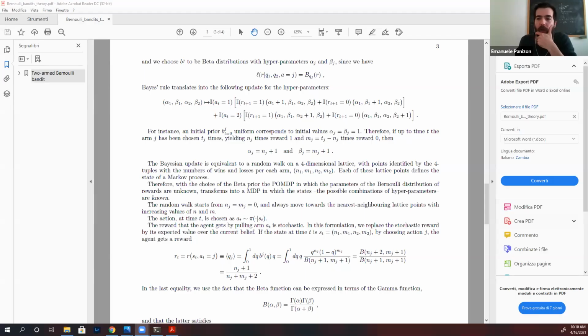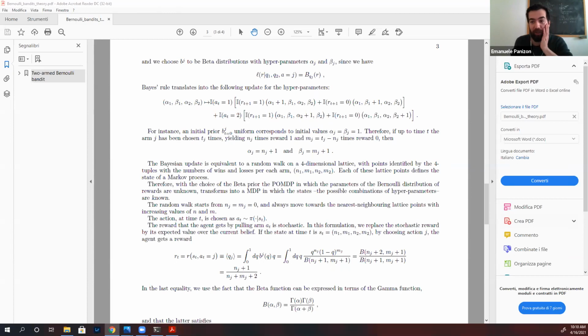Okay, so we have arrived at a compact description of a belief. As we saw, belief is a distribution over states, but now we have a compact way of writing what the belief is, assuming a prior of total ignorance. So now the space is defined only by these four pseudo counts, n1, m1, n2, m2.